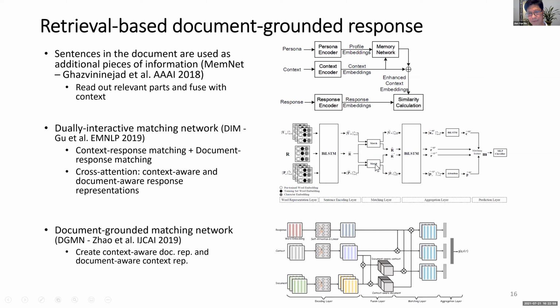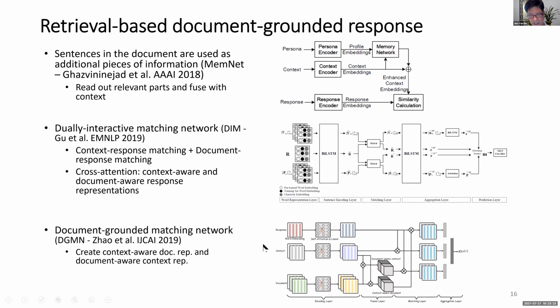And we have different matching signals that will be collected here. And at the end, the selection of the response will not only be based on the response and context similarity, but also on the similarity between the response and the document. So this is another typical approach.